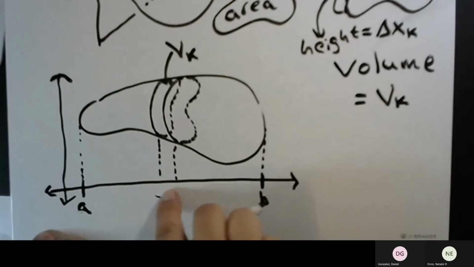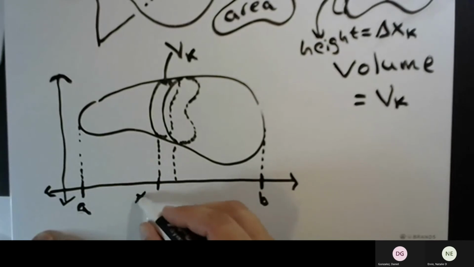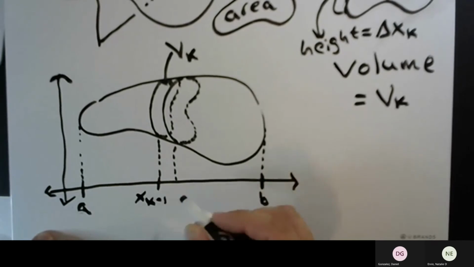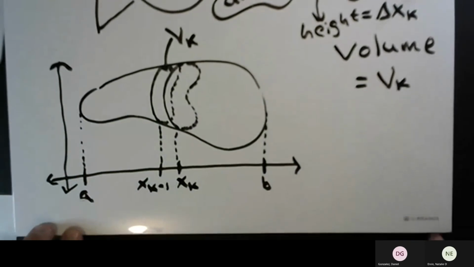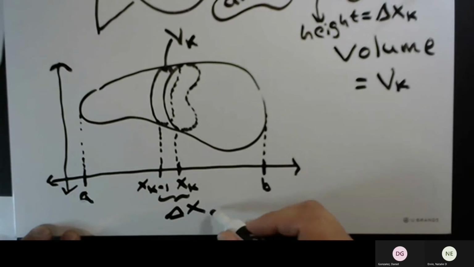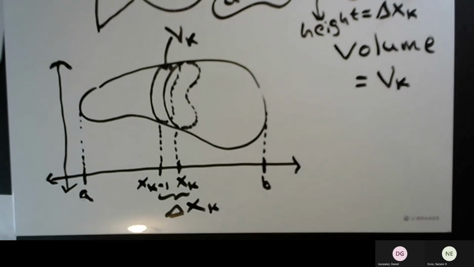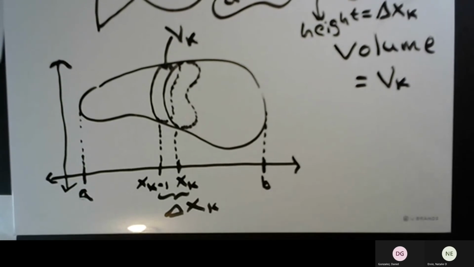This is going to be xk minus 1, xk, and this is the delta xk. And this is A, this is B, where this thing starts and where it ends.